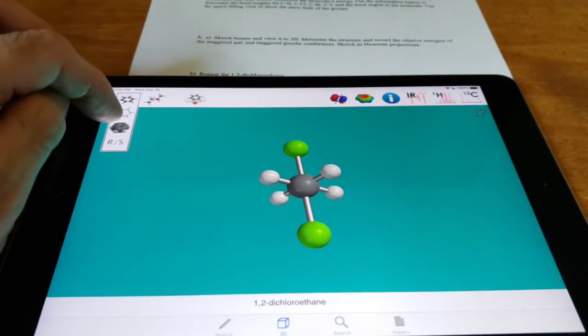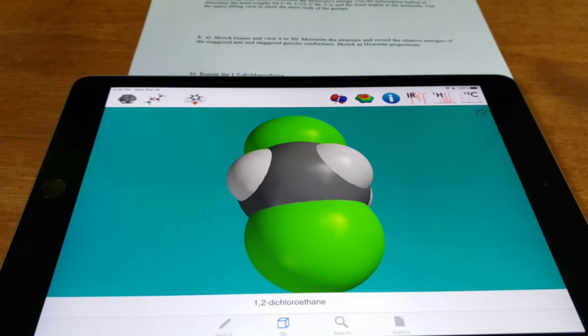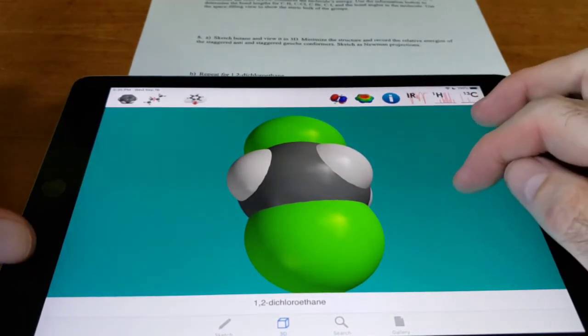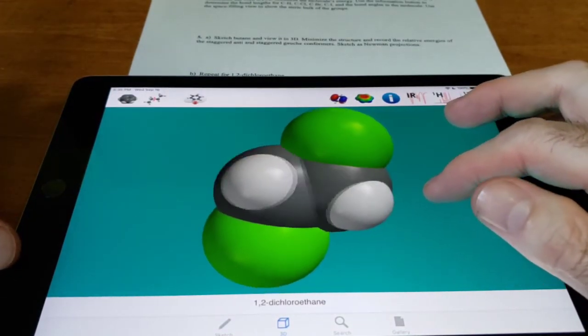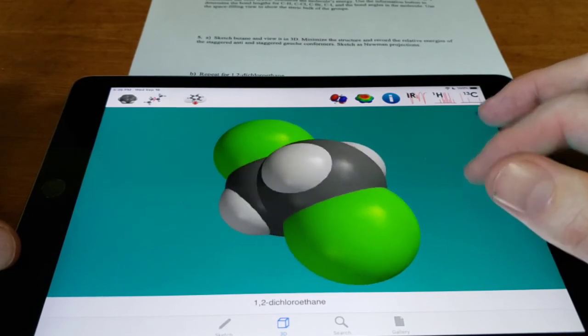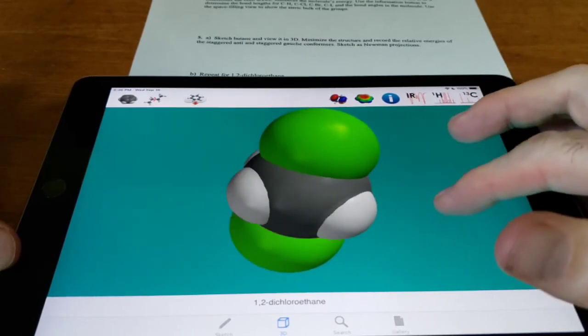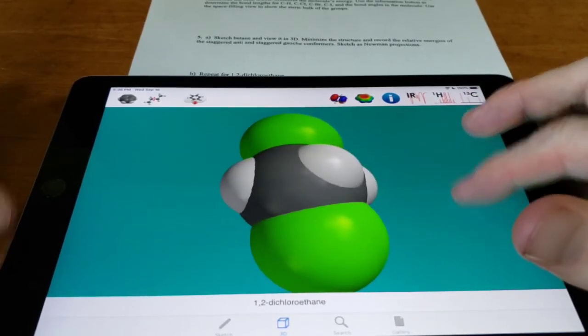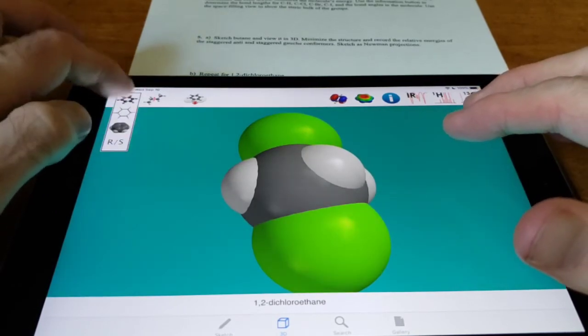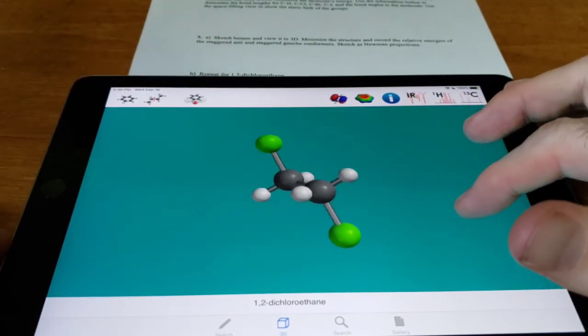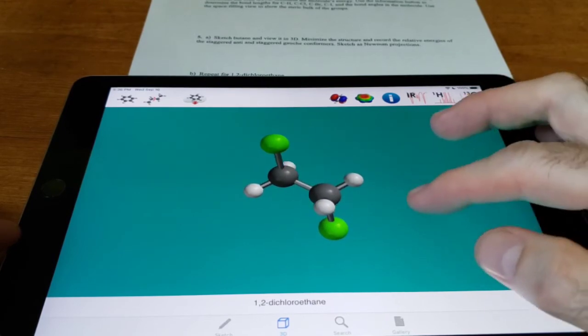And again, we could go back to the space filling diagram right here and show that those chlorines really need to be as far away from each other as you can possibly put them. Chlorines are significantly larger and more repulsive than hydrogens.